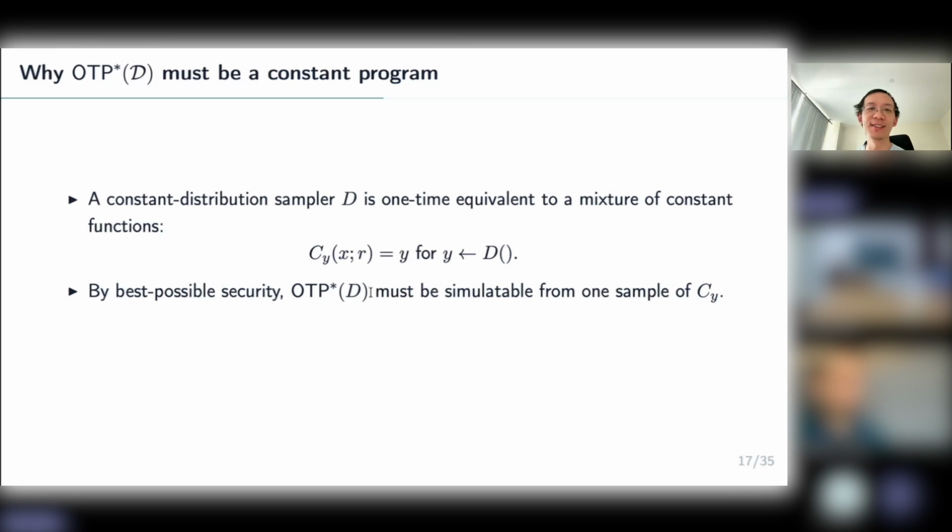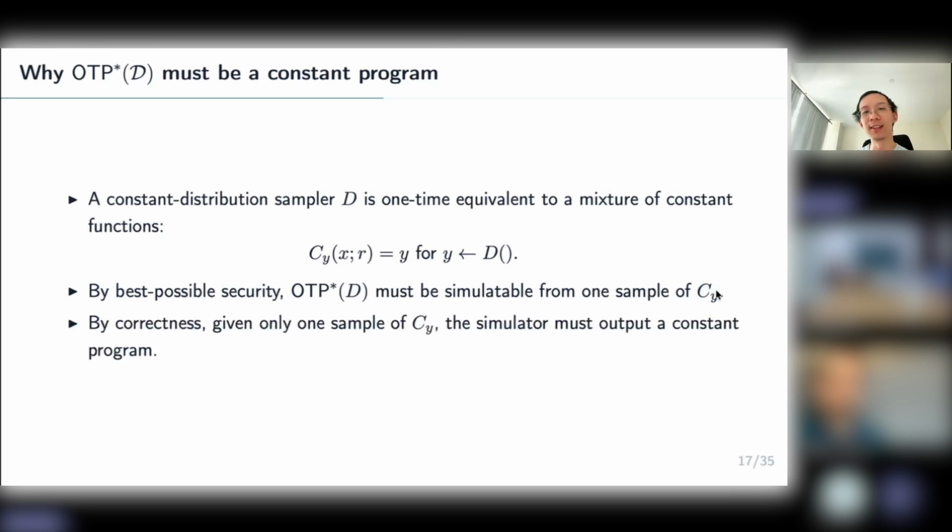So the formal definition of OTP star says that because this is ideal one-time access simulatable, OTP star should also satisfy ideal one-time security, which means that this should also be simulatable from just having one sample of C sub y.